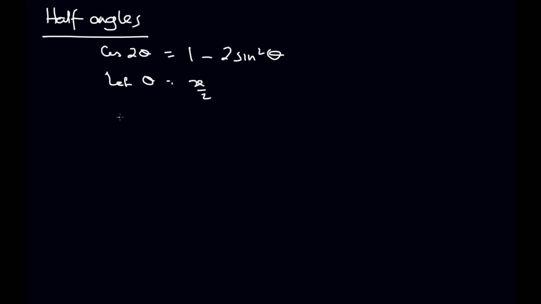So here we're going to have cos 2 theta. Remember we are replacing theta by x over 2, times 2, is equal to 1 minus 2 sine squared, then here we'll have x over 2.